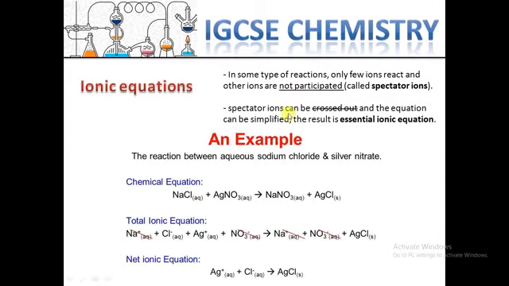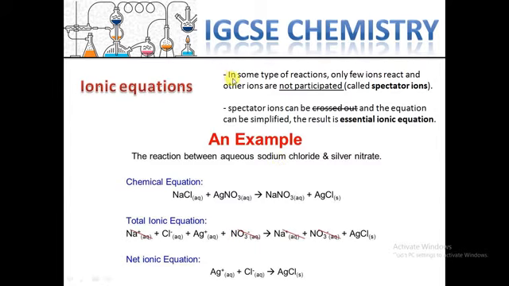So through the ionic equation, we can cross out and remove some of these ionic forms, because they are not participating in the main reaction.